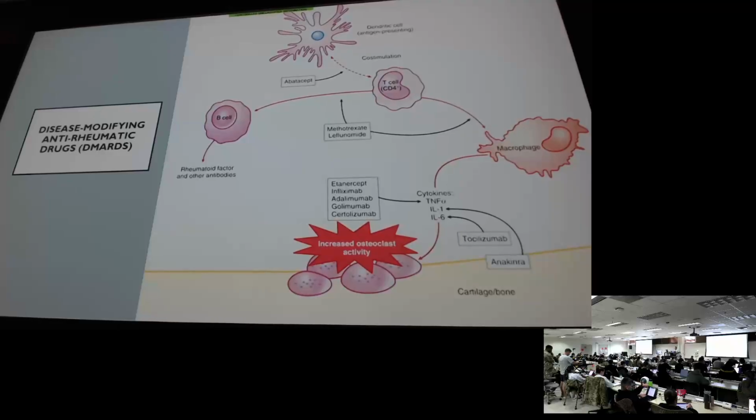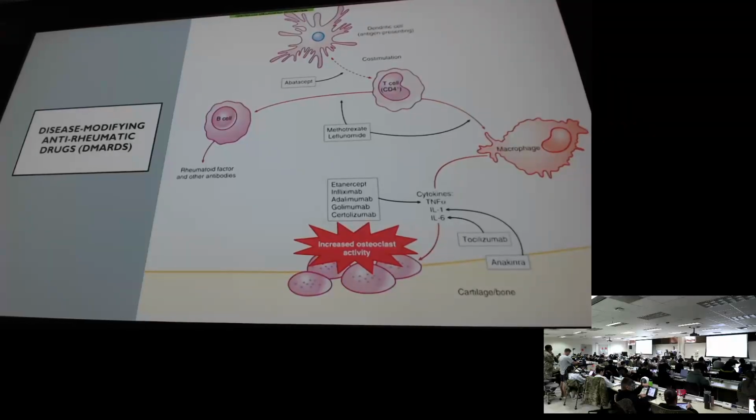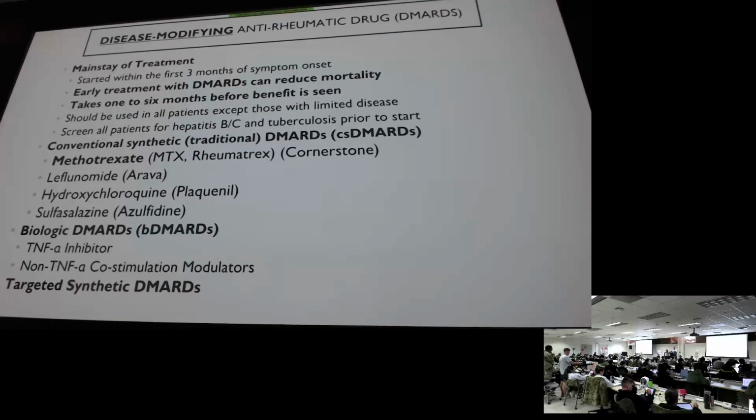So now we move into the cornerstone of RA treatment, right? The DMARDs. They actually modify the disease process. So DMARDs, mainstay of treatment. You try to get your RA patient started on a DMARD within the first 3 months of symptom onset.